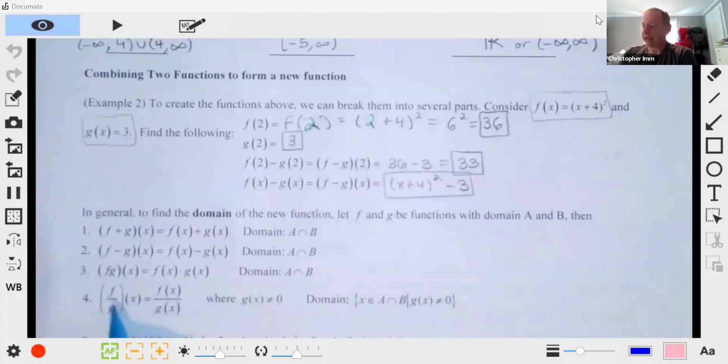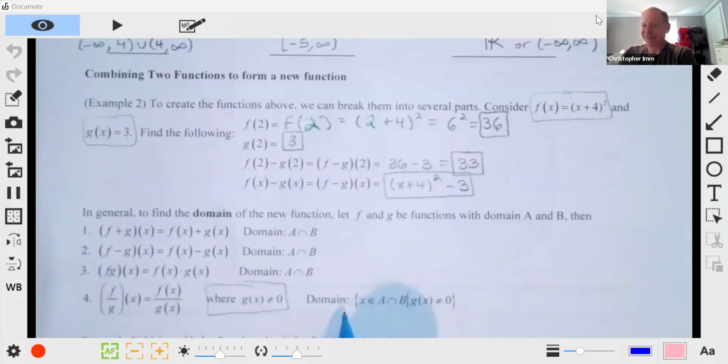Finally, f divided by g of x, we'll rewrite that as f of x over g of x, and this is going to be defined at all real numbers in the domain of both, just like the other ones, except where that denominator is 0. So where the denominator is 0 would be where that g of x is equal to 0. So we're going to weed out this part, and that's what this says here.